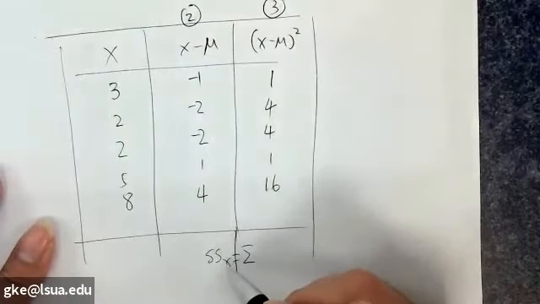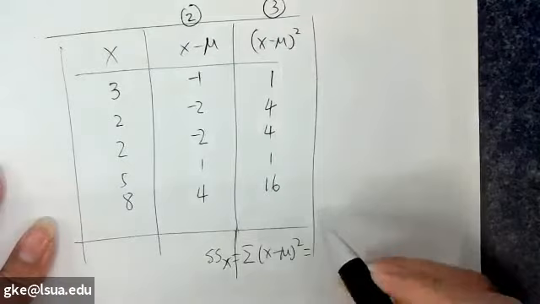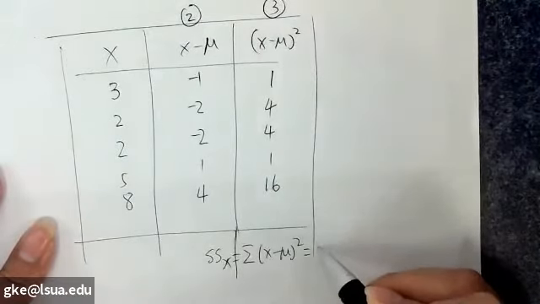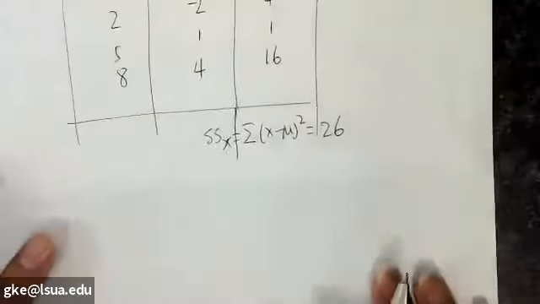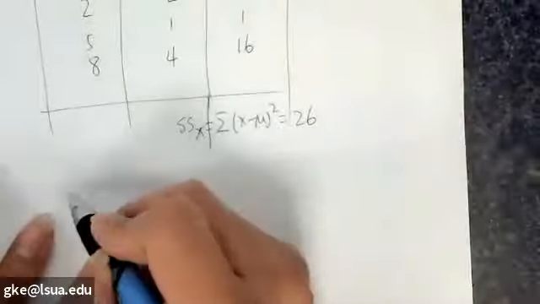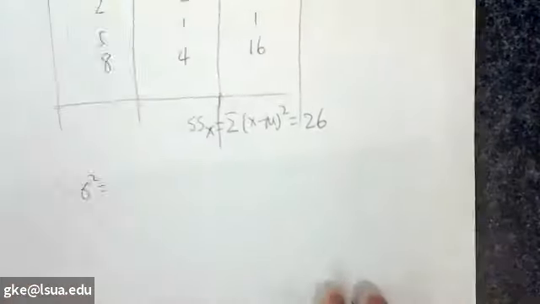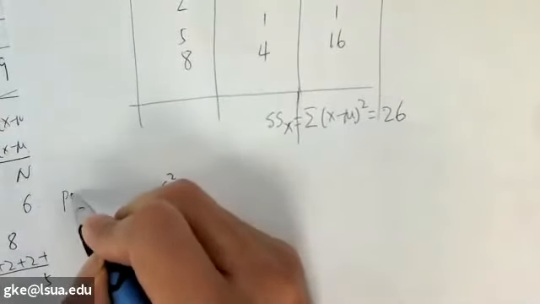SSX, sum of square of this guy equals 26, right? 26. And then we can plug in the formula, calculate the population variance.